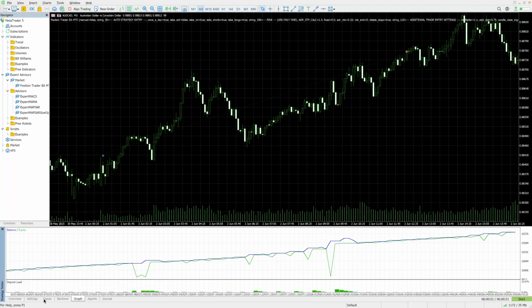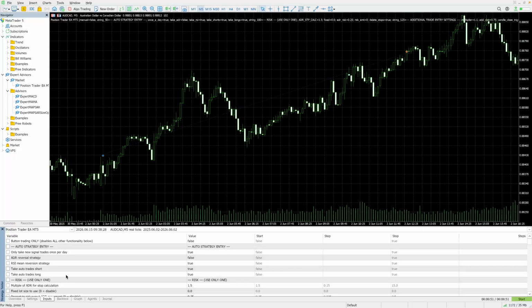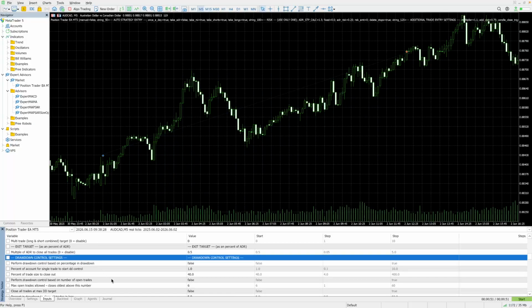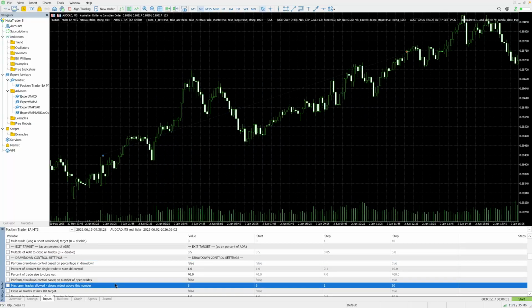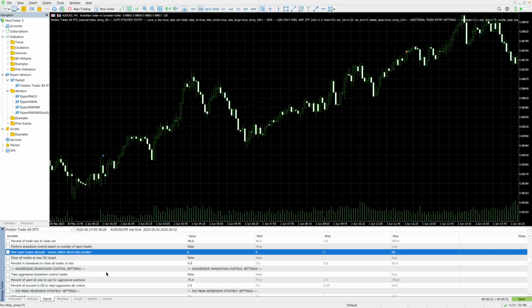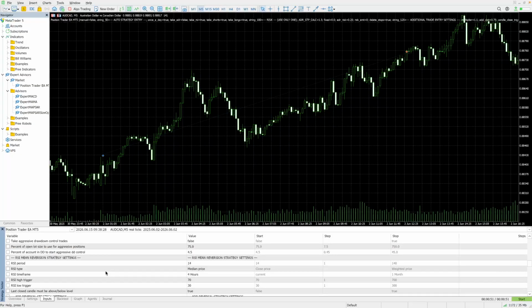And the inputs that matter are the RSI period and triggers, the ADR settings, and the drawdown control rules, which were like max 6 trades, close at target. We also have the MA filter, which really shaped the selective behavior here, determining the trend.